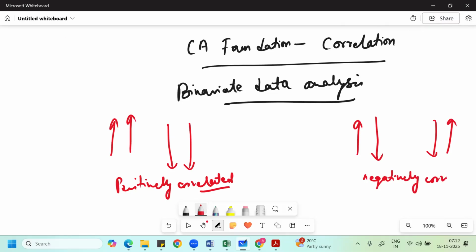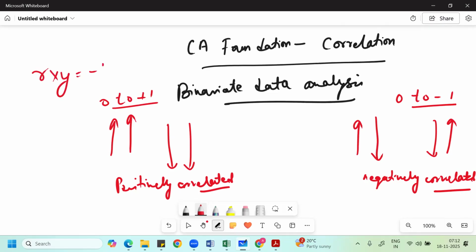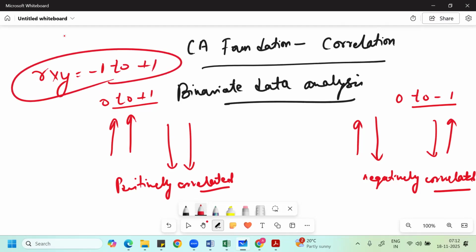The value of negative correlation lies from 0 to -1, and the value of positive correlation lies from 0 to +1. So R lies from -1 to +1. If while doing a calculation you get an R value bigger than 1, it means you are making a mistake in your calculation. Okay, so it's part of bivariate data analysis.